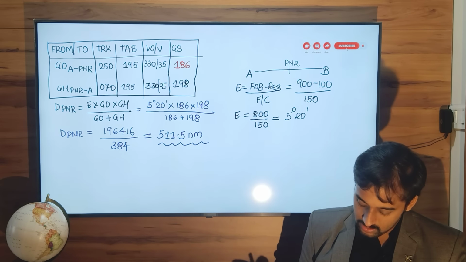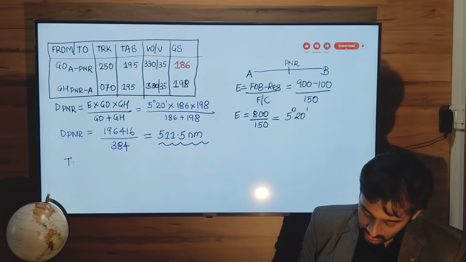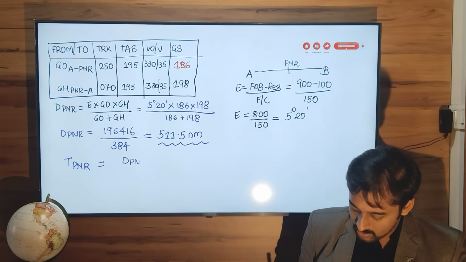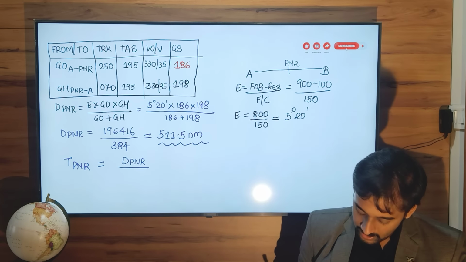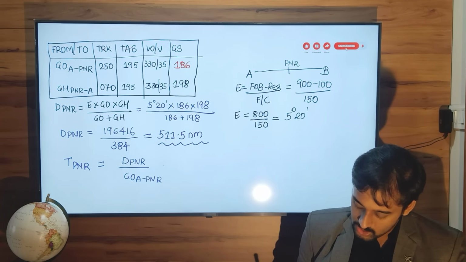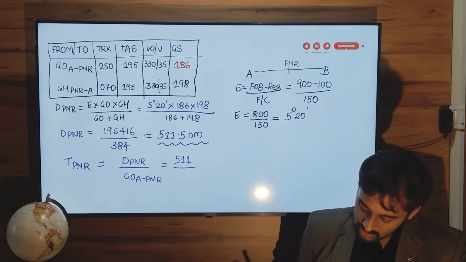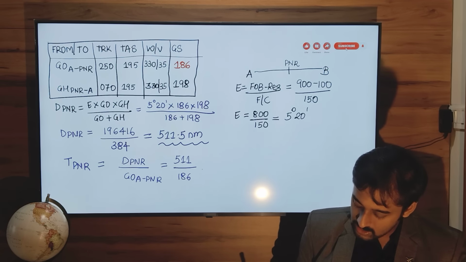Next, time to PNR is distance to PNR divided by ground speed outbound A to PNR. So distance to PNR, let's take 511. Speed is 186.